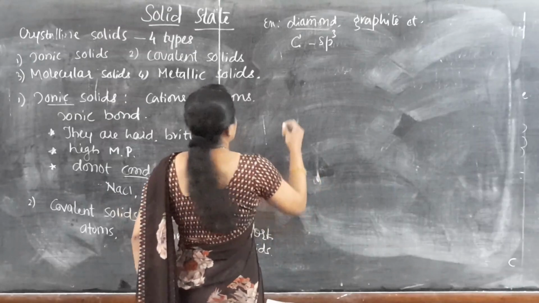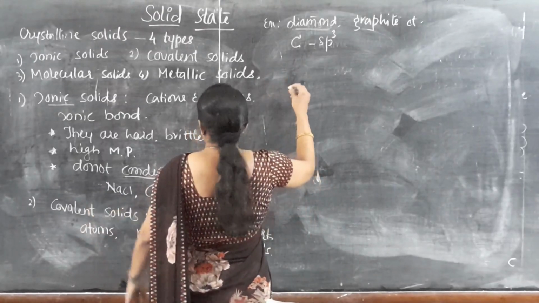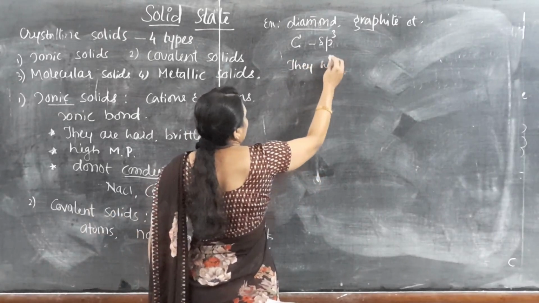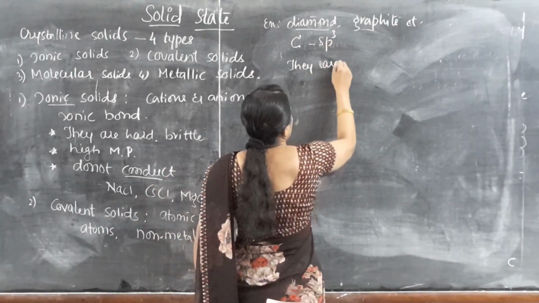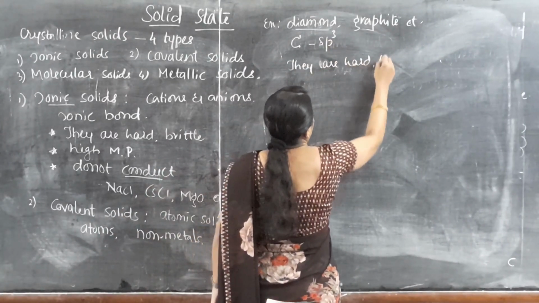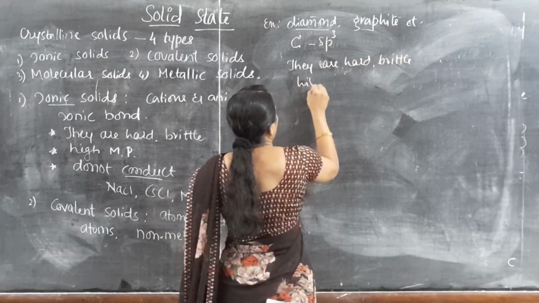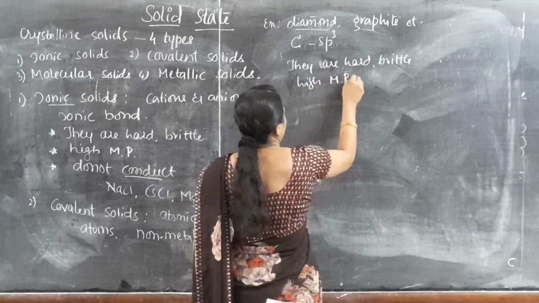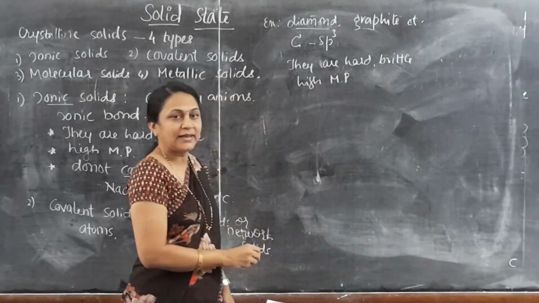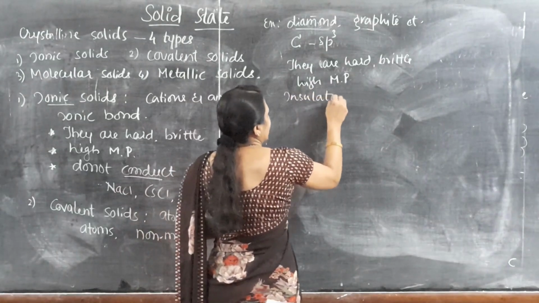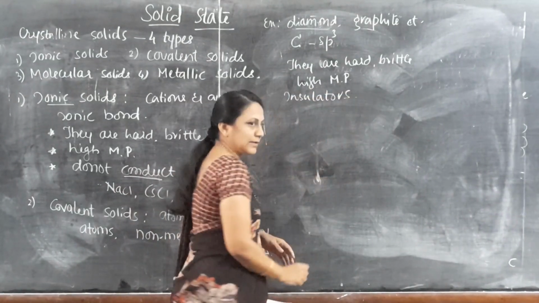And the properties of these covalent solids: they are hard, brittle, and have a high melting point. And they are insulators; they do not conduct electricity.